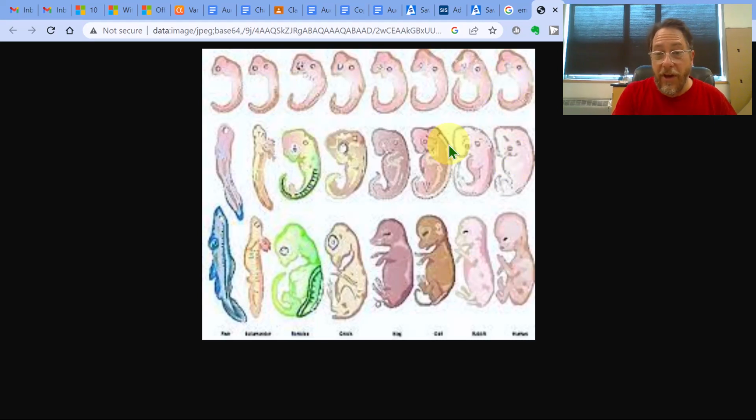So in other words, maybe this is a human, I can't read it, chimp maybe, whatever it is, it starts as this, and then it becomes this, and then it becomes this. And whether it's a tortoise, or a chick, or a pig, or a cat, or a rabbit, or maybe a human, I can't tell, we all start out looking like fish or salamander embryos, don't we?